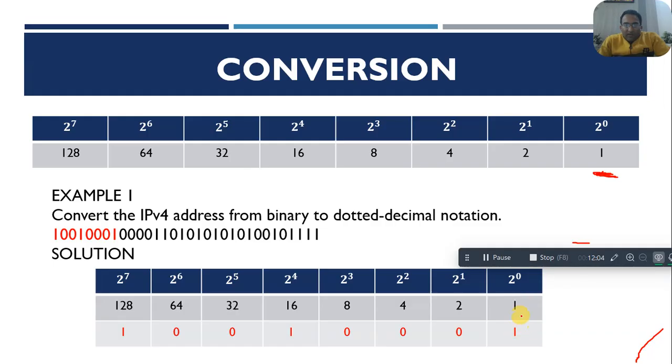So 1 multiplied by 1 is 1, plus 0 multiplied by 2 is 0, plus 0 multiplied by 4 is 0, 0 multiplied by 8 is 0, plus 16, because we have a 1 here, then 0 multiplied by 32, so we add 0 to this number, plus 0 into 64 and 1 into 128.